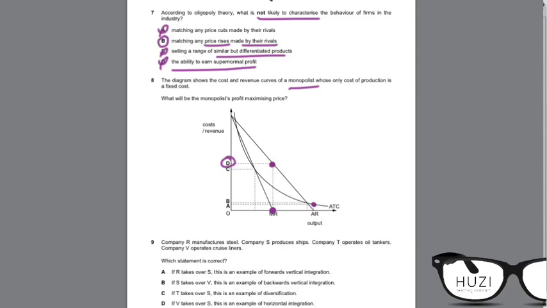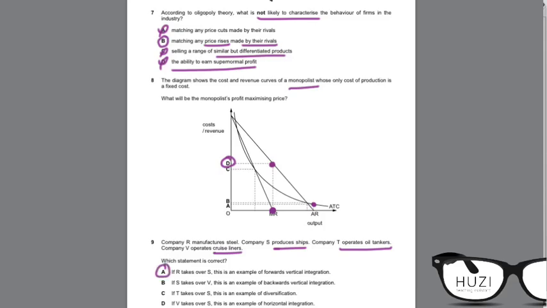Okay, so company R manufactures steel, company S produces ships, company T operates oil tankers, and company V operates cruise liners. Which statement is correct? If R takes over S, this is an example of forwards vertical integration.